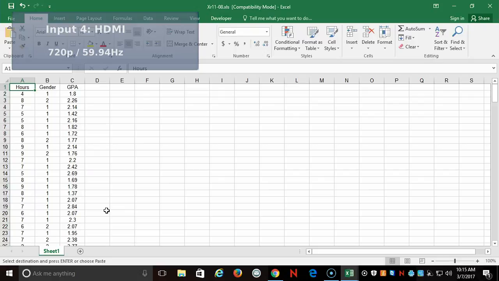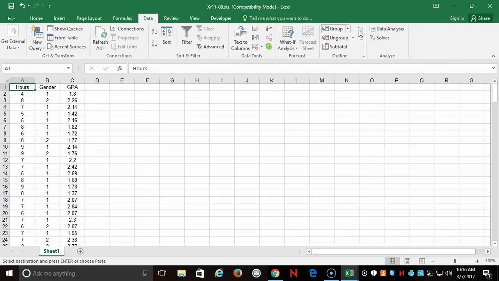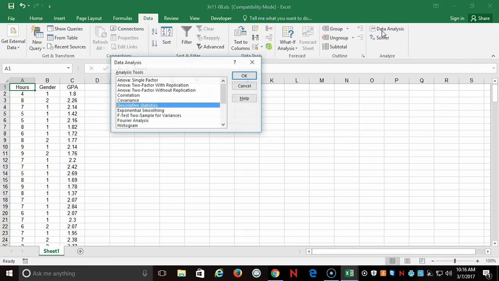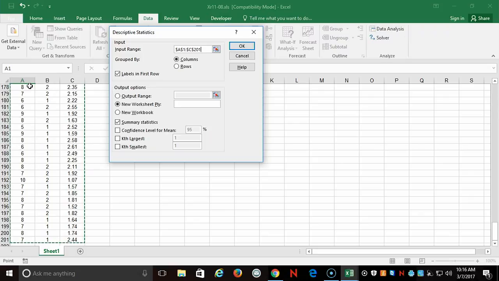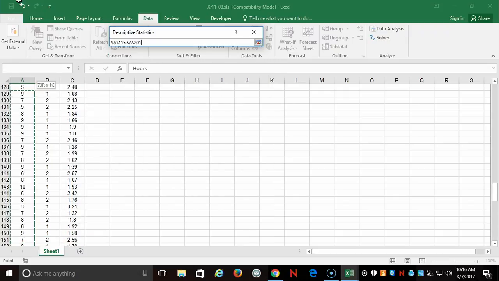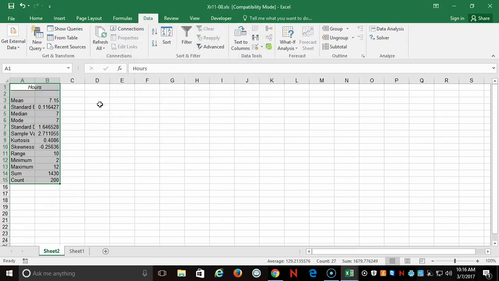We don't know the population standard deviation, right? So I can get the sample standard deviation and the sample mean by using my good friend data analysis. So I'm going to say data analysis, descriptive statistics, A1 through 201. Labels in first row, new worksheet ply, summary statistics, click OK.